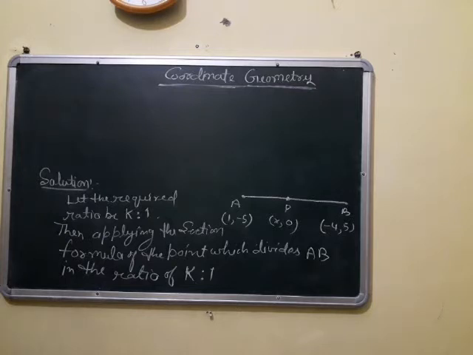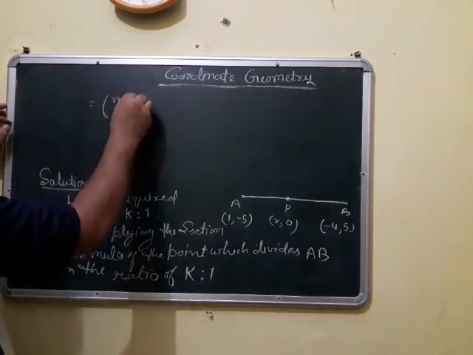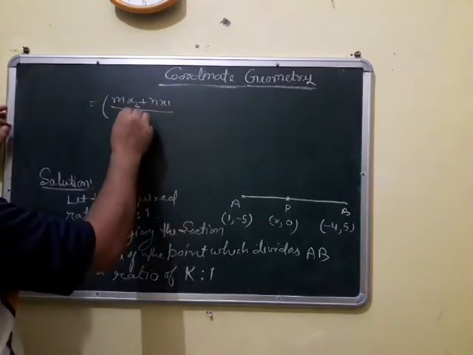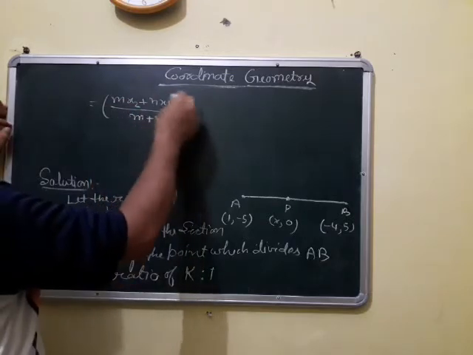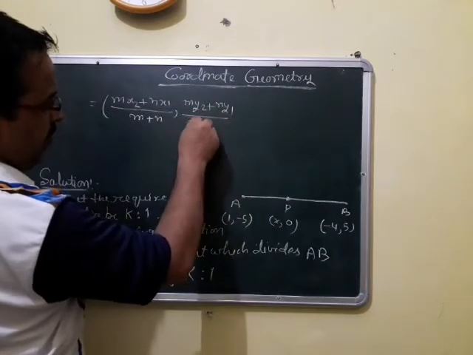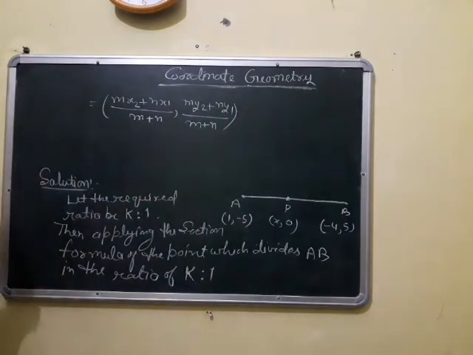The section formula: m x2 plus n x1 by m plus n, and for y, m y2 plus n y1 by m plus n. Clear?